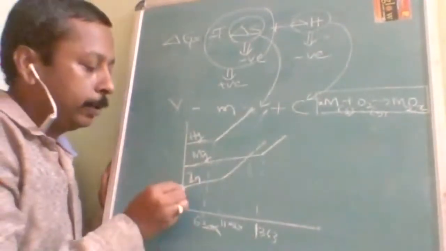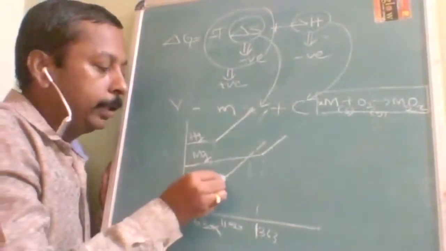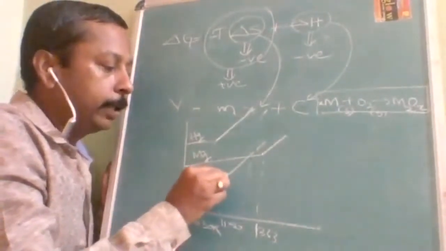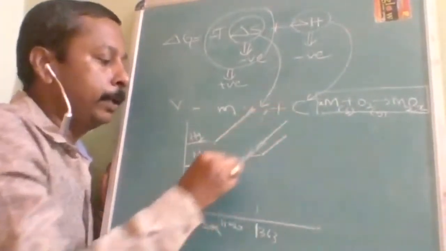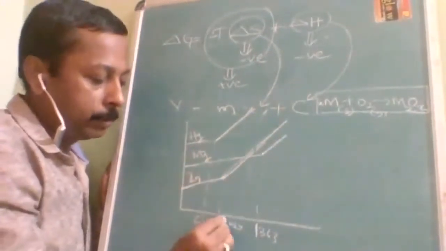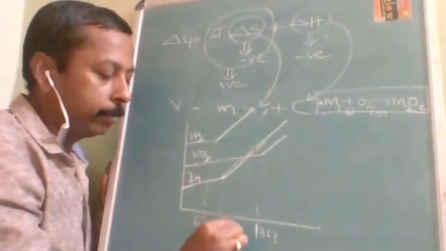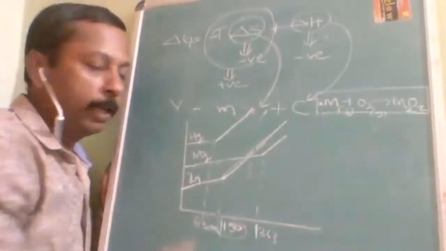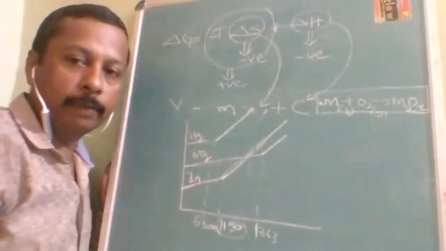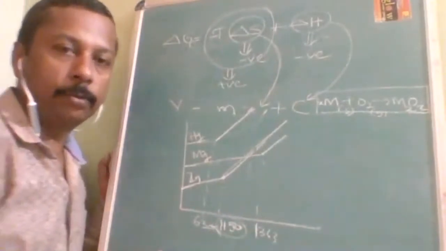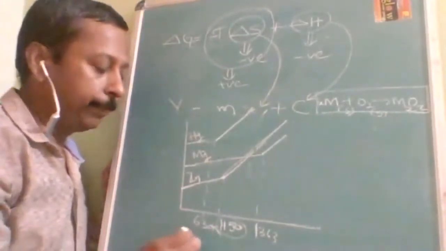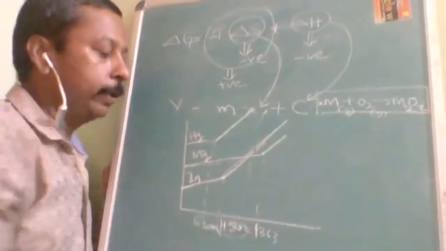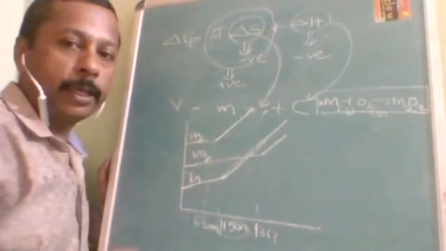Here for zinc it is increasing, but after a certain temperature there is a sharp increase. What is the temperature? 1150. For example I am taking 1150, it may be somewhere nearby value also, that you have to go through from the examination point of view. So 1150 Kelvin. Now, why is there a sharp increase?